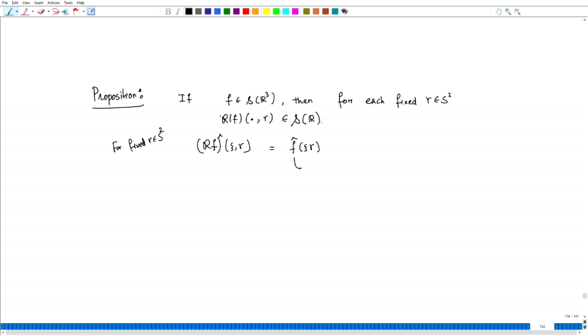Remember that this f hat is the 3-dimensional Fourier transform, and the other is the one-dimensional Fourier transform.